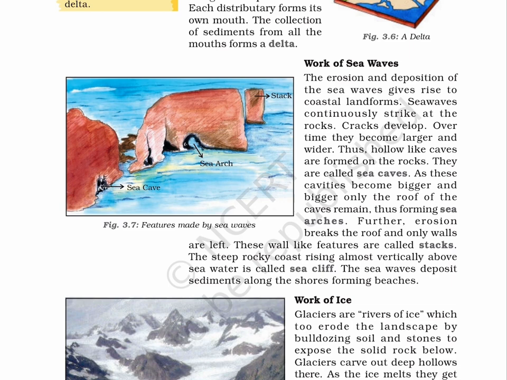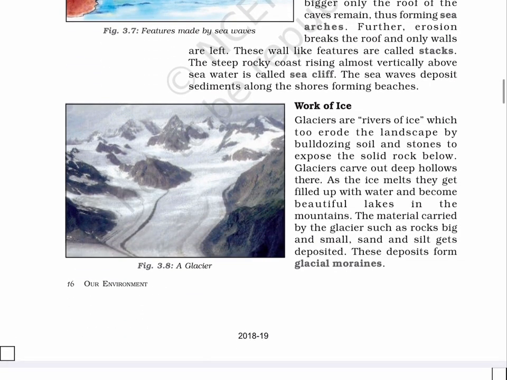Work of ice. Glaciers are rivers of ice, which too erode the landscape by bulldozing soil and stones to expose the solid rock below. Glaciers carve out deep hollows there. As the ice melts, they get filled up with water and become beautiful lakes in the mountains.